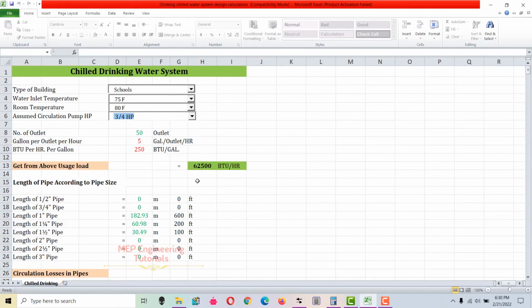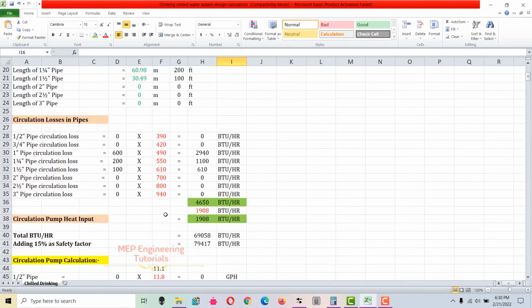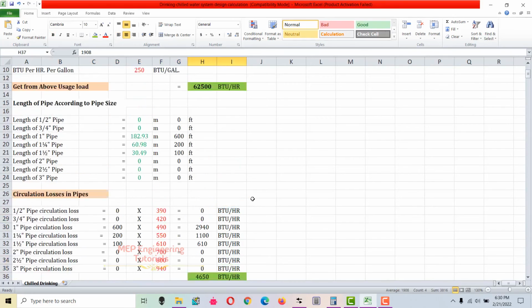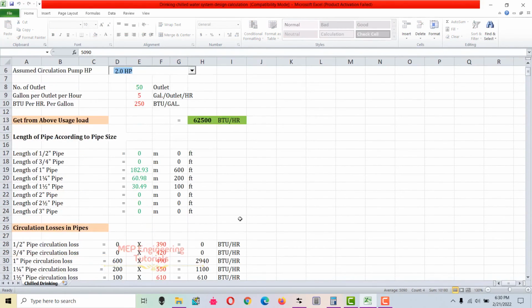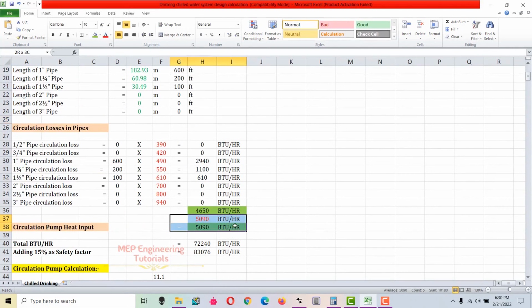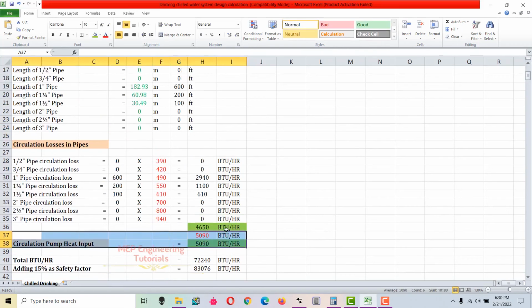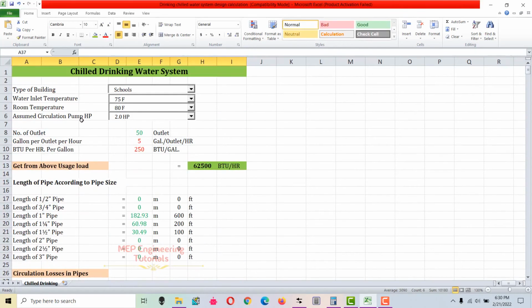If I use 3/4, you can see that the circulation pump heat will come here, which is 1908 BTUs per hour. If I change this to, let's say, 2 horsepower, then this value will be changed to 5090. So circulation pump heat input depends on the horsepower of the pump which you assumed in here. So here I'm going to assume the horsepower of 3/4.